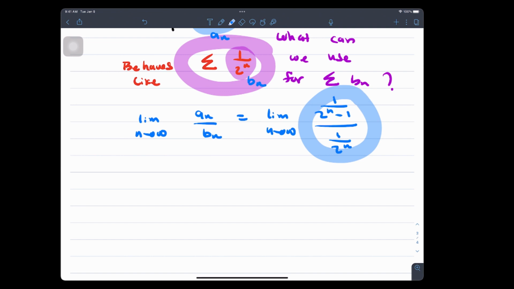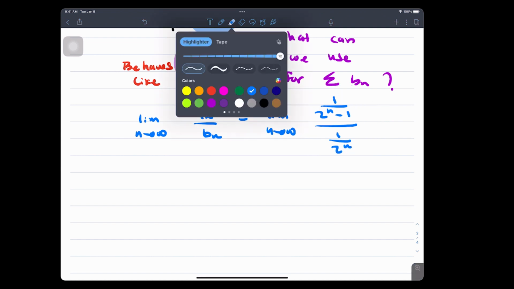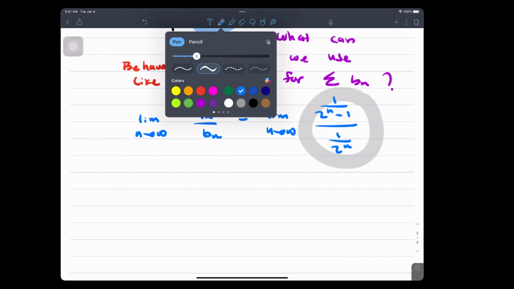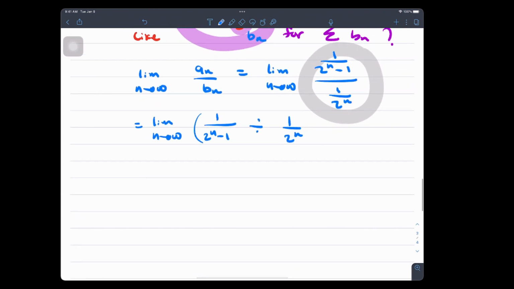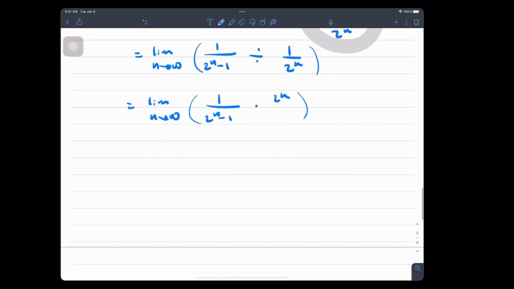So what is this algebra going to be? One over 2n minus 1 divided by 1 over 2n is one over 2n minus 1 times 2n. That's 2n over 2n minus 1.